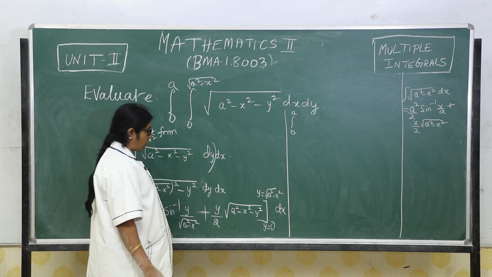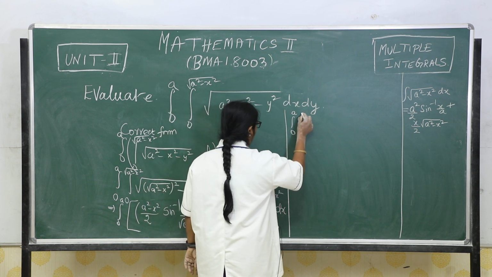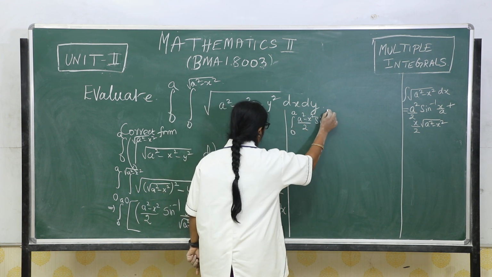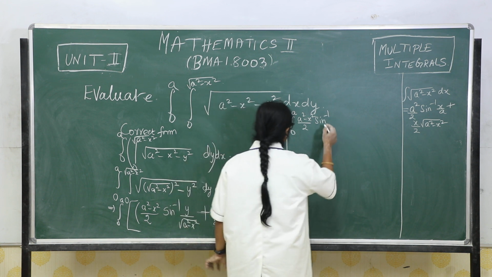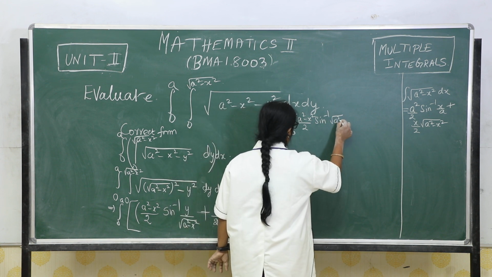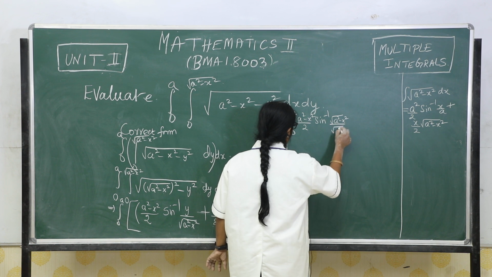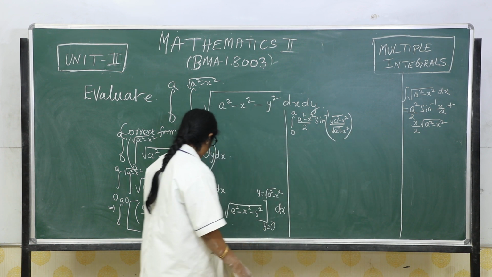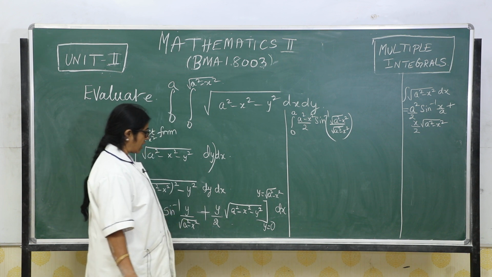I am going to substitute only for y, therefore a squared minus x squared divided by 2 sin inverse of, instead of y, root of a squared minus x squared by root of a squared minus x squared. Therefore, this will get cancelled.